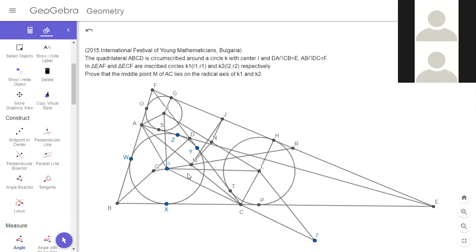Yeah, MN is perpendicular to AC. So yeah, we have two right angles here.